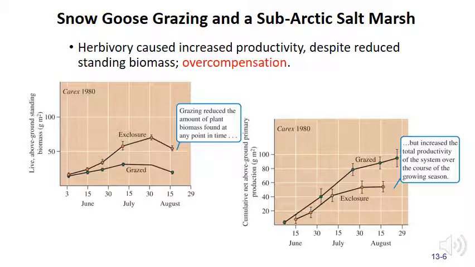So although standing biomass in those exclosures is higher, the rate of growth of these plants was actually higher outside of the exclosures. And this is an example of the idea of overcompensation. So these plants are actually increasing their growth rate in response to herbivory.